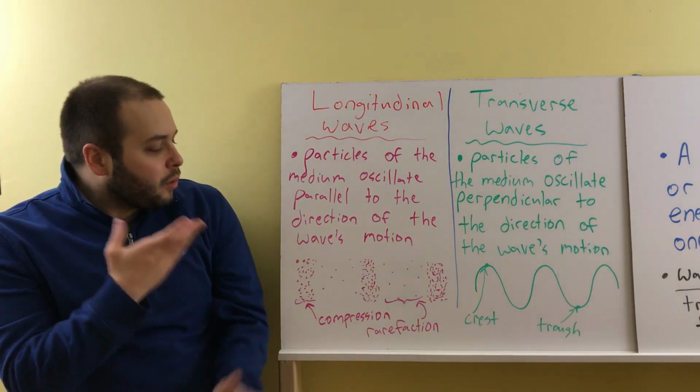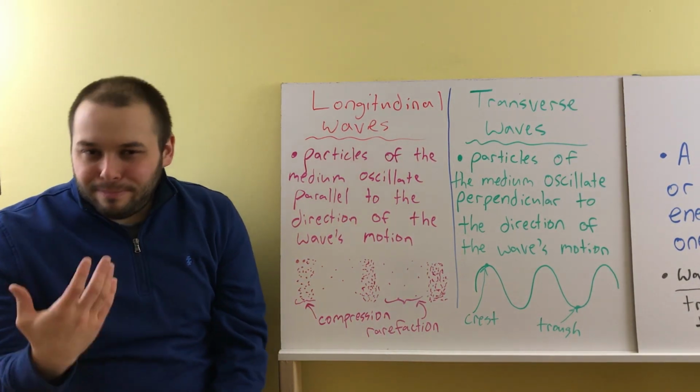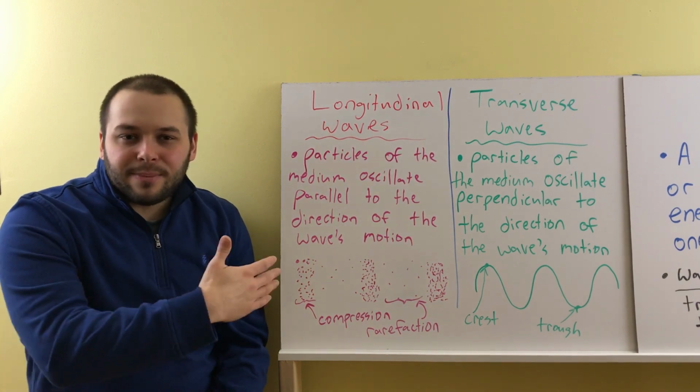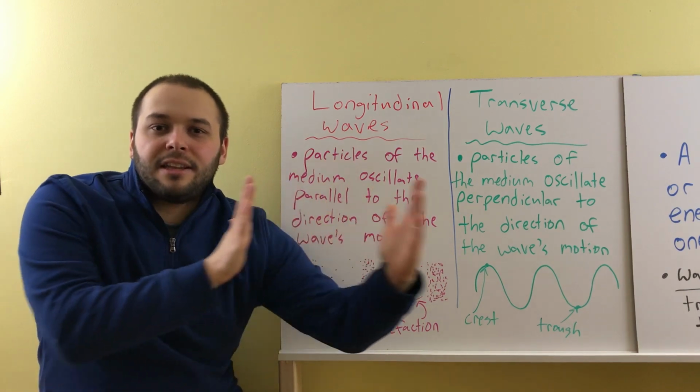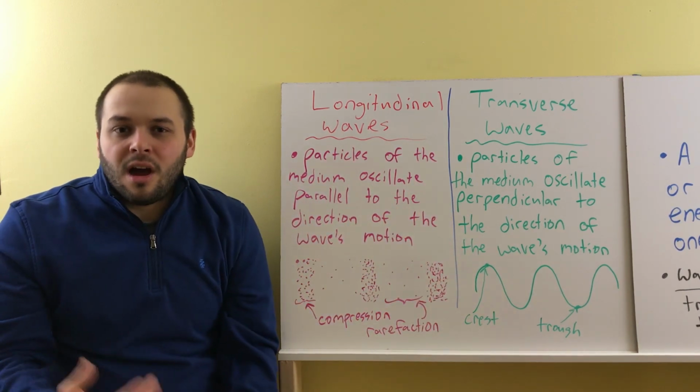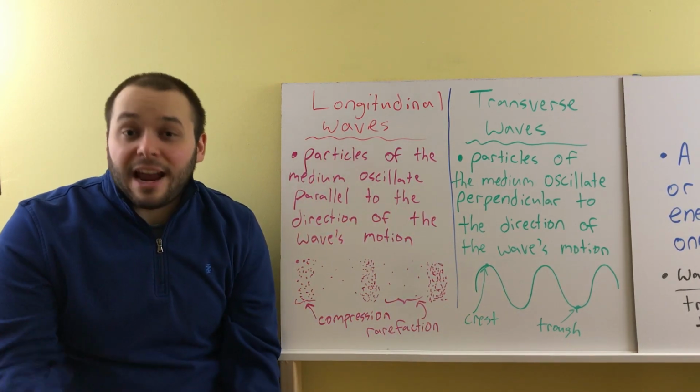Now, longitudinal waves have this kind of pattern in which you can think of these particles being compressed and then released, and then compressed and then released. And what we call these are compressions and rarefactions.